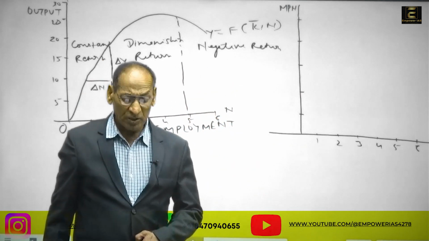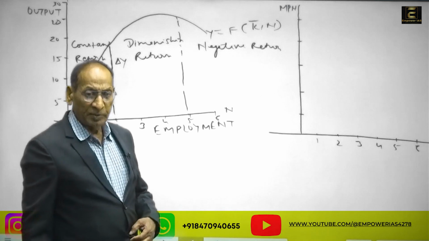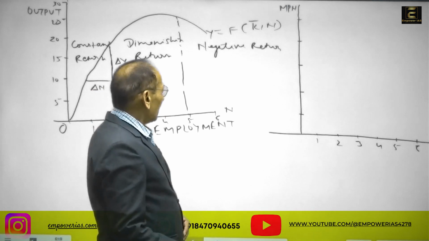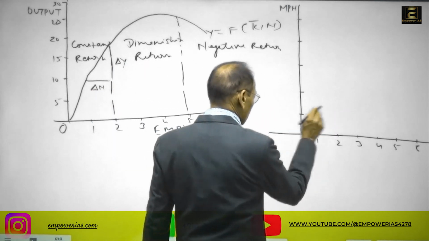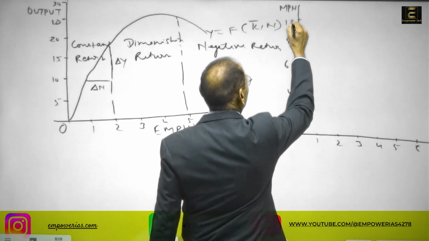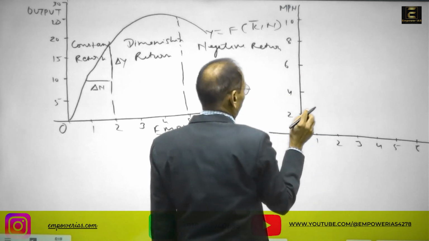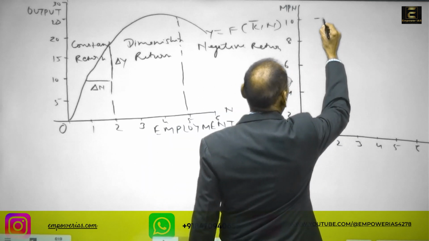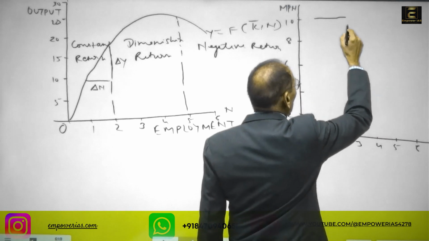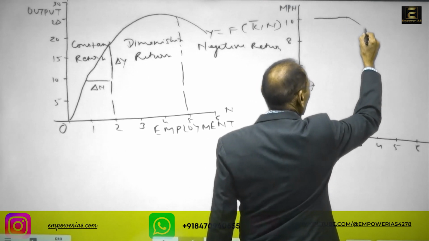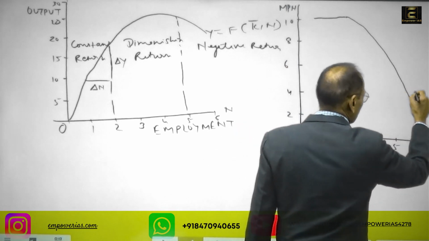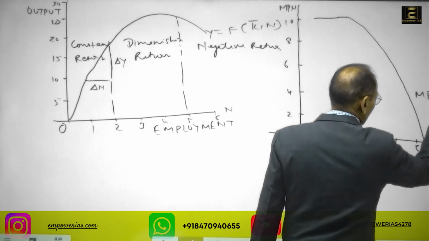The classical economist has derived the demand curve through the marginal product of labor. Then the marginal product of labor curve will be like this. This is 2, 4, 6, 10. This will be like this. This is the marginal product of labor curve.